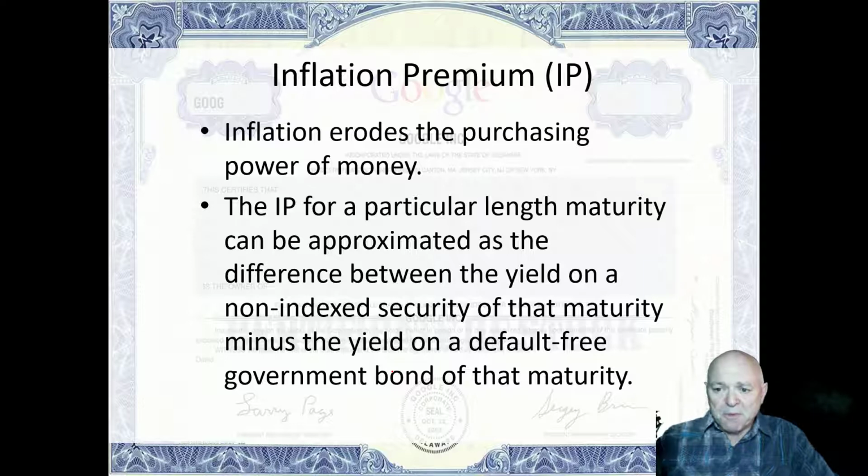So the inflation premium for a particular maturity is essentially approximated as the difference between the yield on a non-indexed security with exactly the same maturity minus the yield on a risk-free, default-free government bond. So that's going to be the inflation premium.